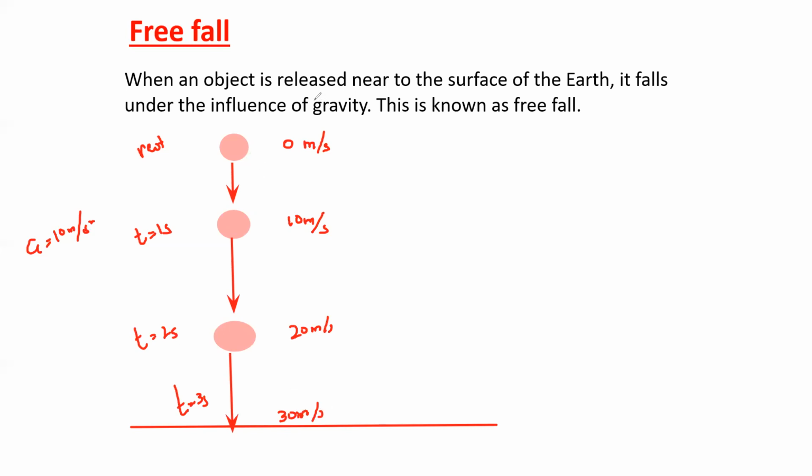So every second for a falling object, speed will change by 10, and we call that acceleration due to gravity. It does not depend on the size of the object, whether the object is lighter or heavy. They all have the same acceleration. So if I drop, say, a 1 kilogram object and a 5 kilogram object, both will have the same acceleration, because acceleration due to gravity does not depend on the mass of an object. It's a fixed value.